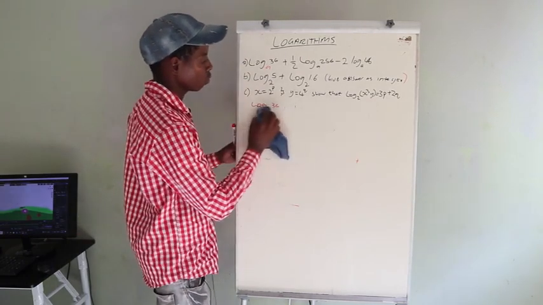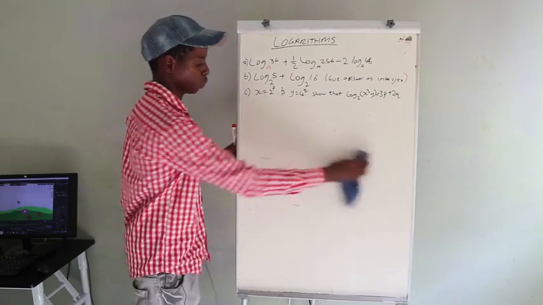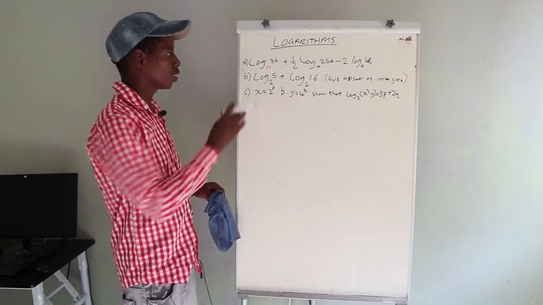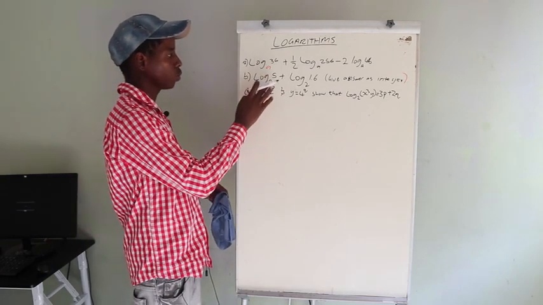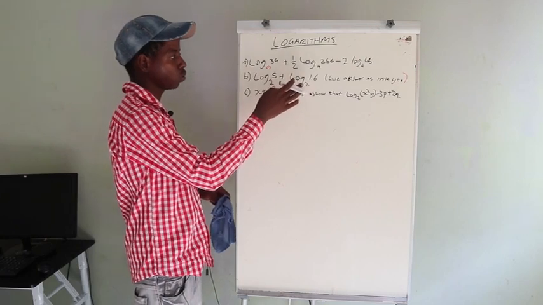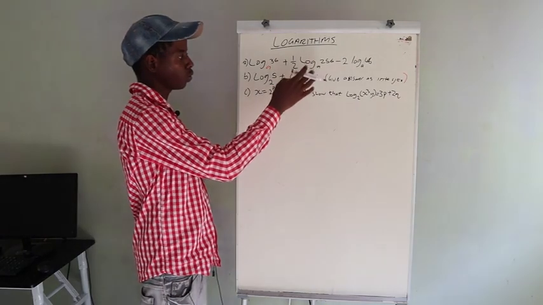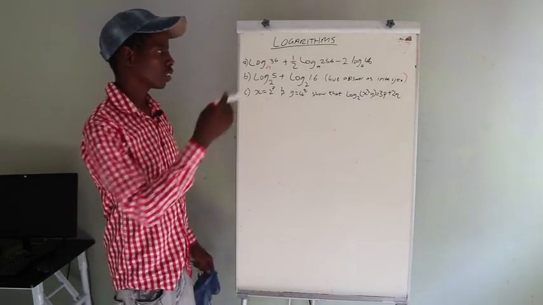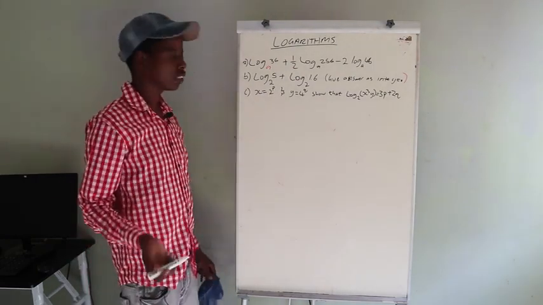So we're going back to C, right? C says log base 2 of 5 plus log base 2 of 1.6, and then the question says give your answer as an integer, right?